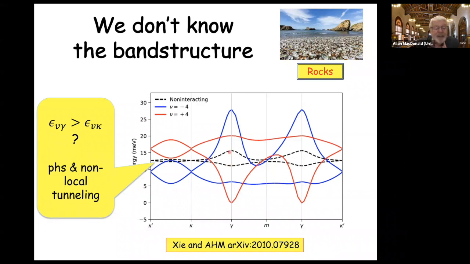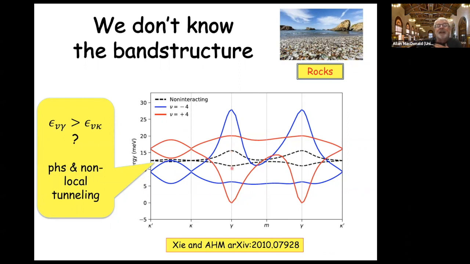This is what I've been talking about up till now with the tunneling model. This is a version of that band structure where we try to tweak things: include strain effects so you don't see any of these remote bands, and include non-locality in the interlayer tunneling, which causes particle-hole symmetry breaking.